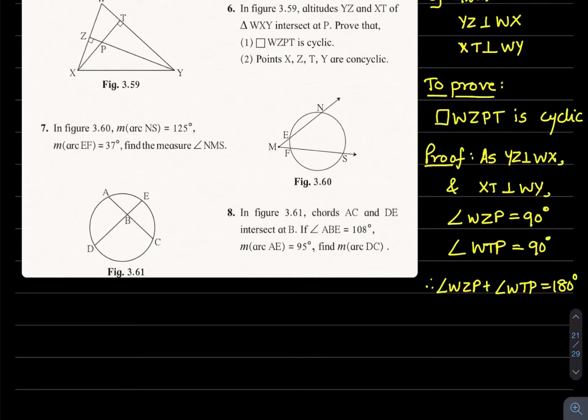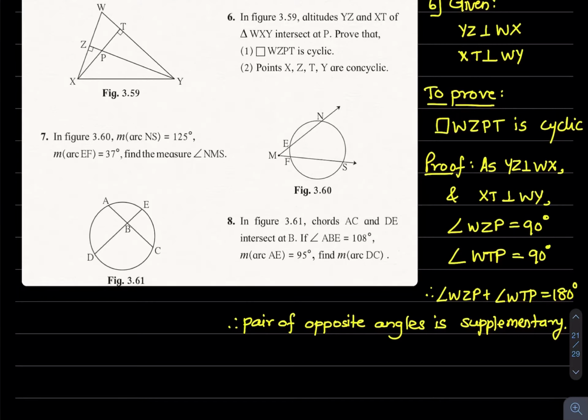So these opposite angles are supplementary. So quadrilateral WZPT is a cyclic quadrilateral. We don't need to prove here that the other angle pair sums to 180, because if this plus this is 180, then the remaining pair will also be supplementary, because the sum of all measures is 360 degrees. So 360 minus 180, the remaining sum will be 180. So if one pair is supplementary, then the other pair will automatically be supplementary.